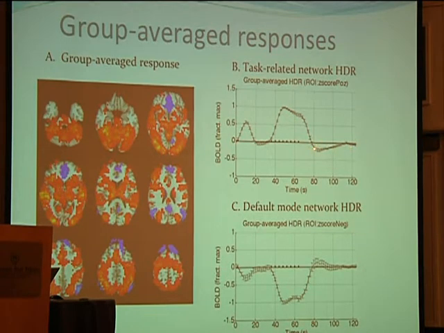And you can see that there's this characteristic undershoot, which, according to balloon theory, should be responsible for the venous, delayed venous outflow.